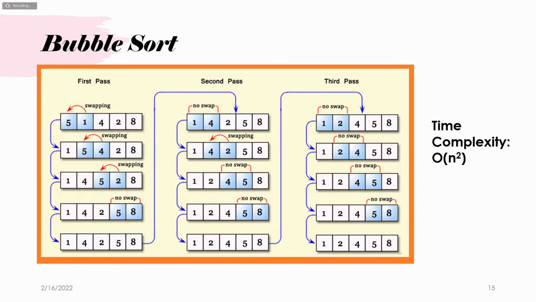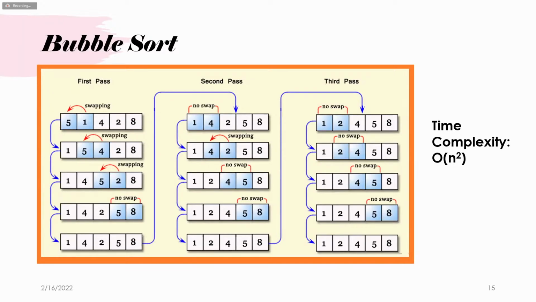In the next step, you can see that we have performed the swap and we have 1, 4, 2, 5, and 8. In this case, if you check the adjacent elements 5 and 8, we need not perform any swap operation. You can just leave it as such because 8 is greater than 5 and it is placed in the correct position. So this is your first pass.